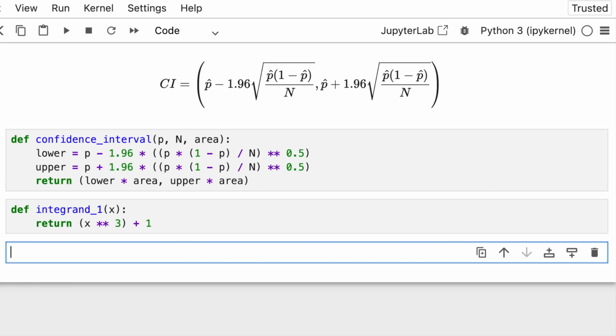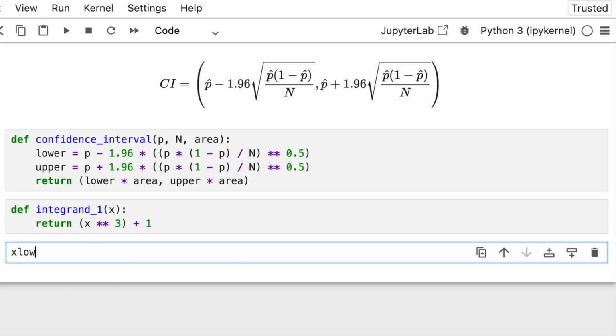Now let's think about what our sample area will be. What is the maximum value that integrand 1 can take over the interval 3 over 2 to 5 over 2? Well, x cubed plus 1 is increasing when x is positive, so that would be whatever the value of this is at 5 over 2.